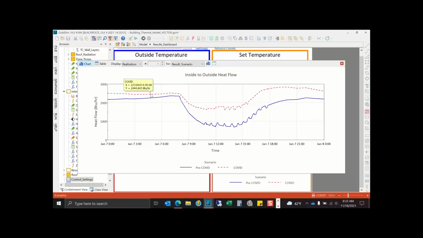This simulation is run for an entire month and the temperature oscillates, so it's not diurnal in the way from scenario to scenario. But we can see that, when we go to work, the energy drops because the temperature drops, so the energy leaving is lower because there's a smaller gradient between the inside zone temperature and the outside temperature.